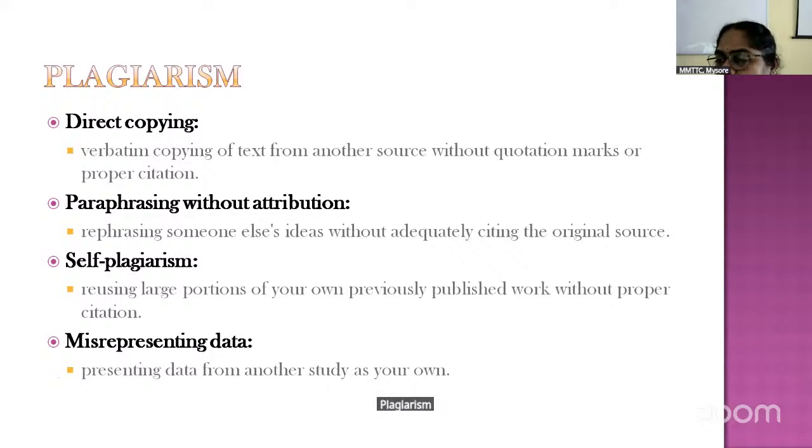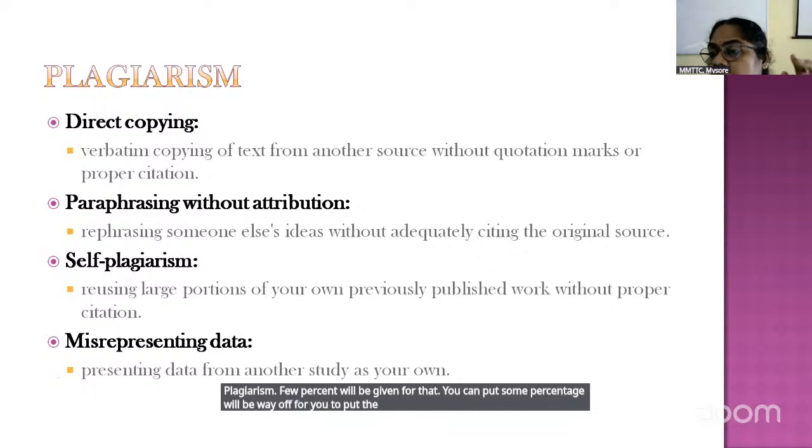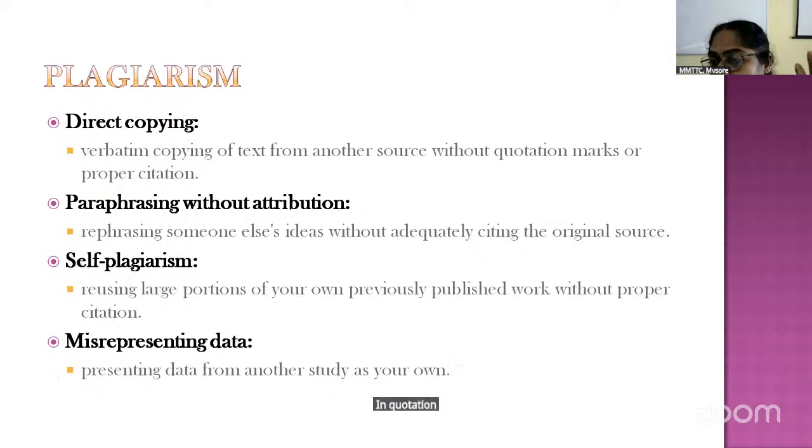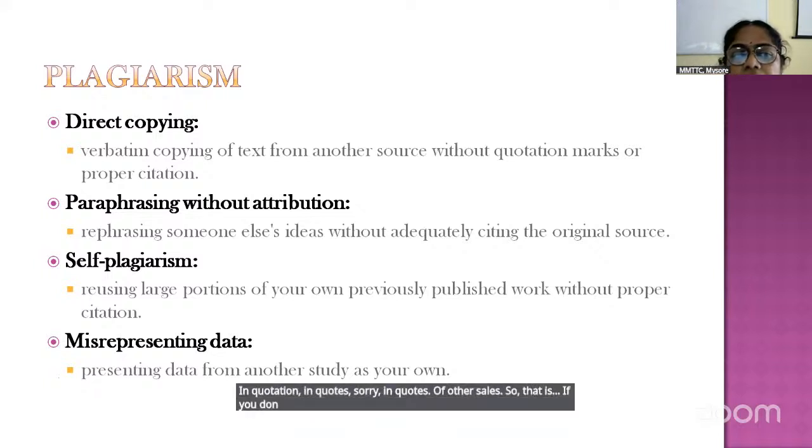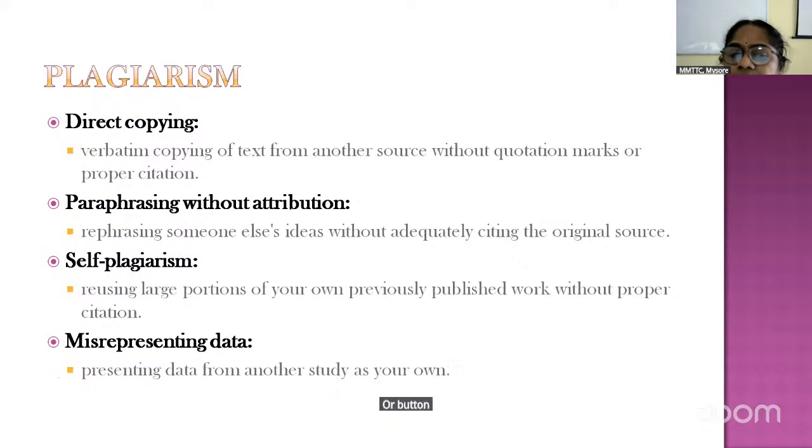Some percentage will be waived off for you when you put the others' saying in quotes. If you don't do that, it is verbatim, and that means it is plagiarized.